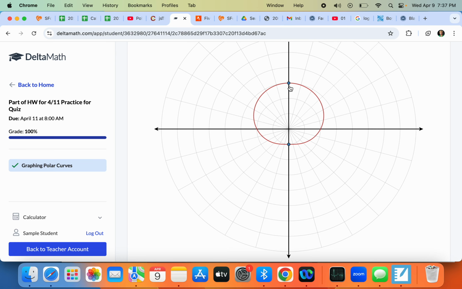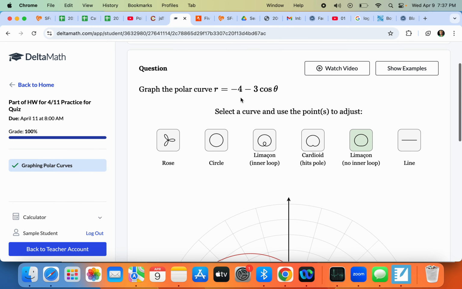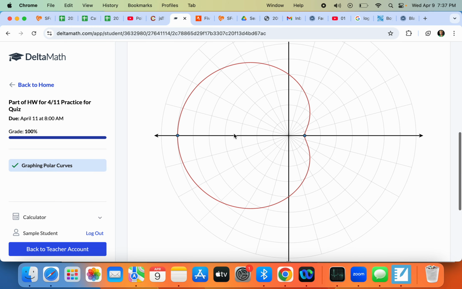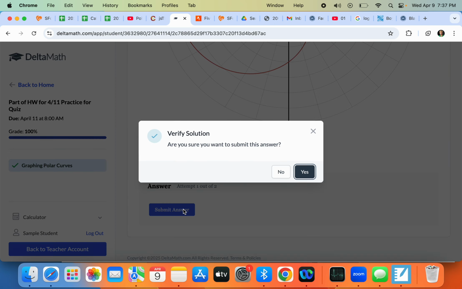So that means I'm pointing this way, but I go backwards, instead of toward it. 1, 2, 3, 4, 5, 6, 7. And then when I fill in pi, which is -1, it'll make it go -1. So now I'm pointing this way, but I go back 1. So that should be it.